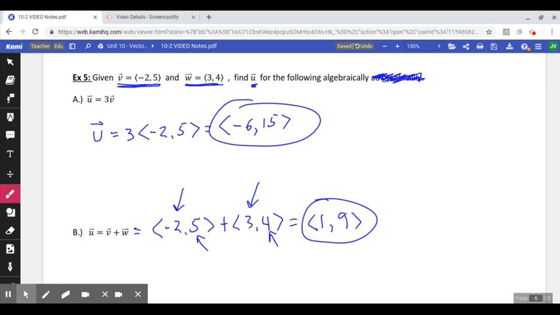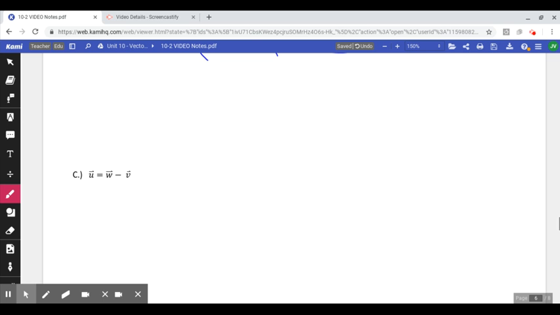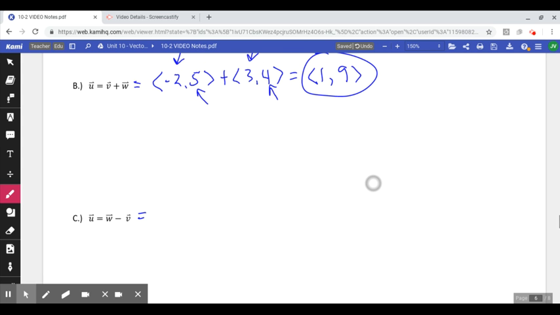And we'll now continue with part C here. So that's vector w minus vector v. So remember here that vector w was 3, 4. And we'll scroll back up. So we've got 3, 4.